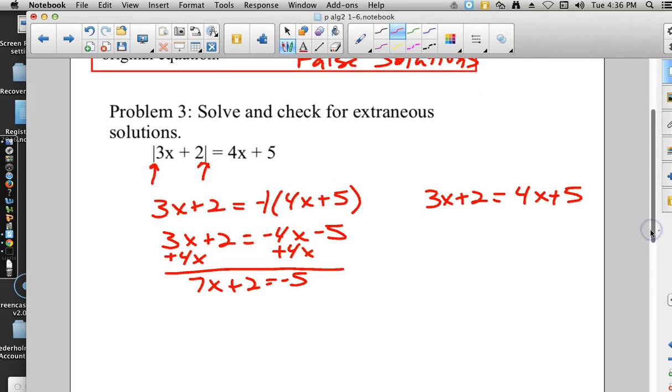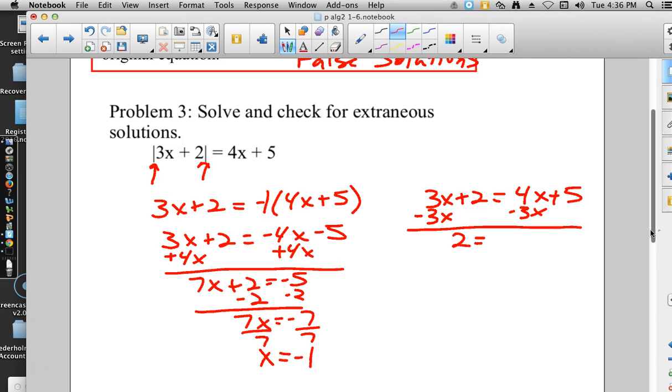And then we would have to subtract 2 from both sides. And then divide by 7. And we know we have to check that answer, but hang in there. Let's get the other one also. So this time the 3x is now the smaller of the 2. And we're going to subtract 5. So x equals negative 3.